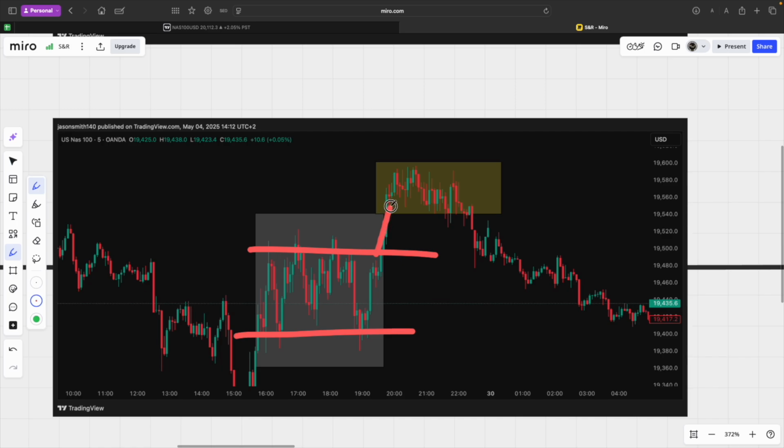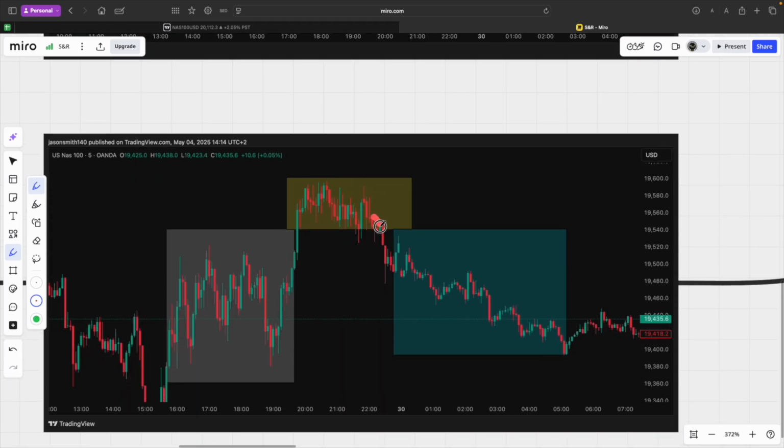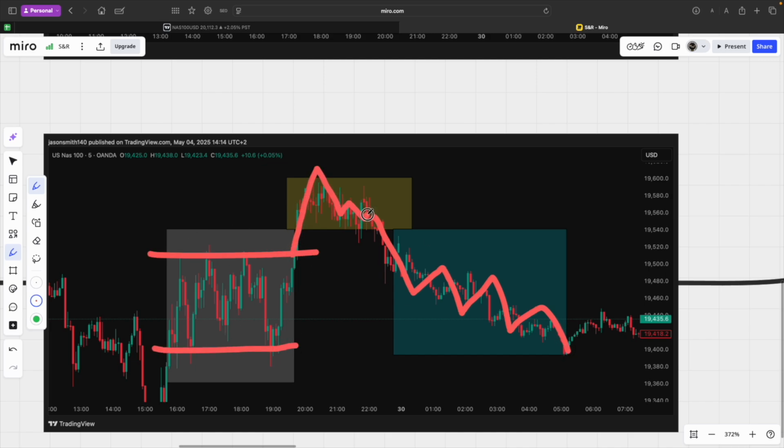We had manipulation into this area, into this block right over here. And then we had distribution right over here. So accumulation, market moved up, manipulation, and then distribution right over here, just to make it nice and simple for you.